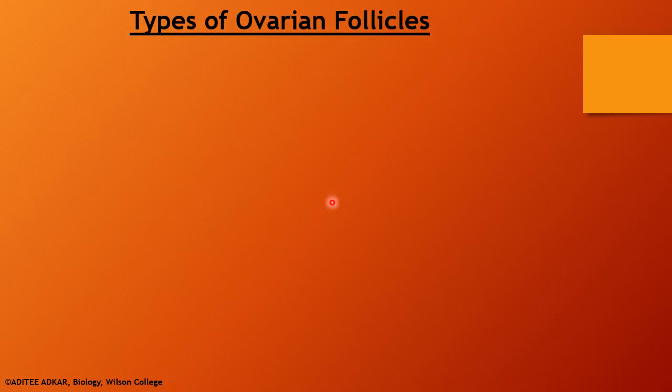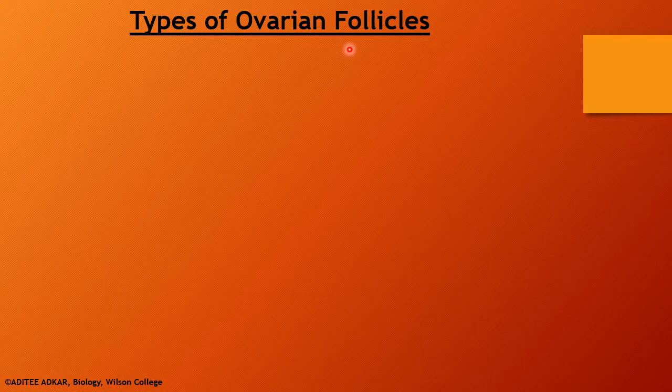We saw that there are a large number of ovarian follicles in the cortex region of the ovary. But what exactly are these follicles? A follicle is a structure having a developing stage of the female gamete in the center, surrounded by one or many layers of cells called granulosa cells.